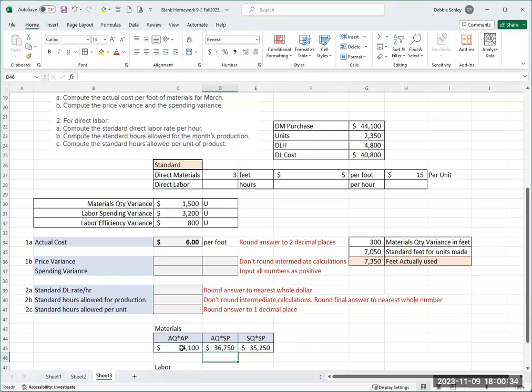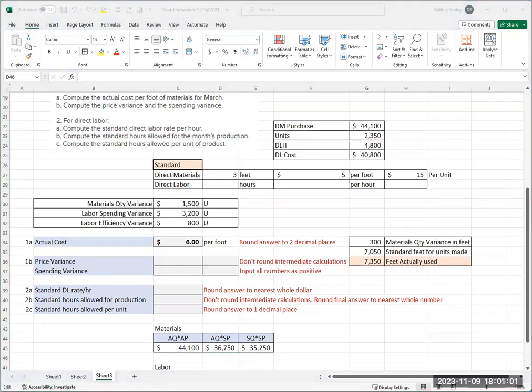So this one's a little tricky because you have to work backwards to get to some of these numbers, but that's how you get those. You use that materials quantity variance, which is unfavorable, and that's why I'm adding things together. Because I used more than I should have. I used 1,500 more than the standard.